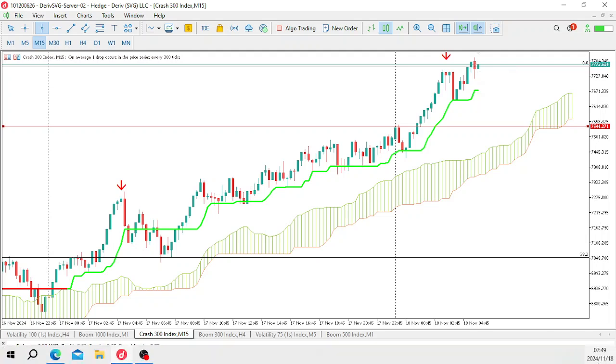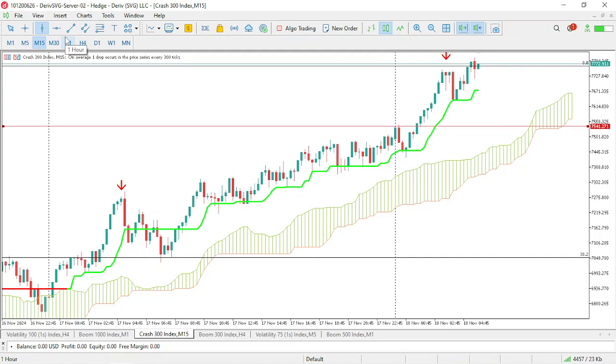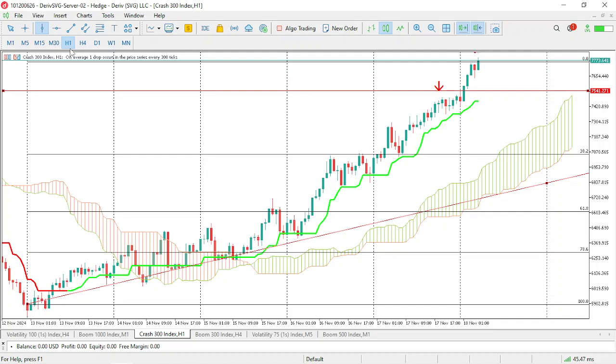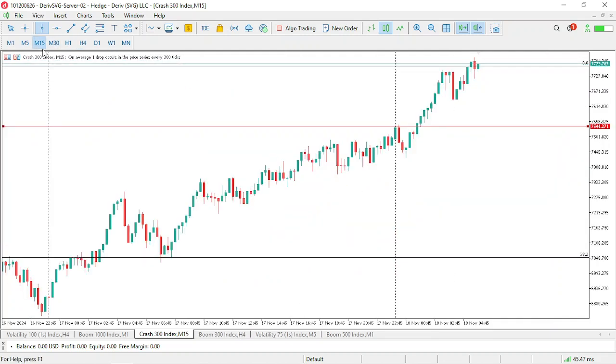Right now would be a good point for me to enter my position since I missed the sells over here. I would get in now on a one lot size, to be safe, still identifying that it is in a buy trend.